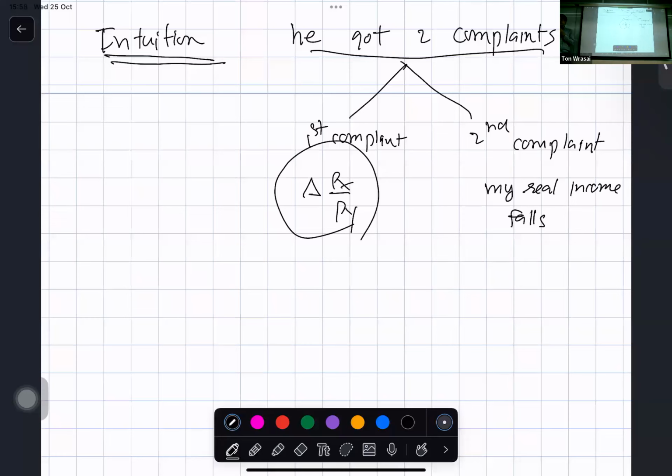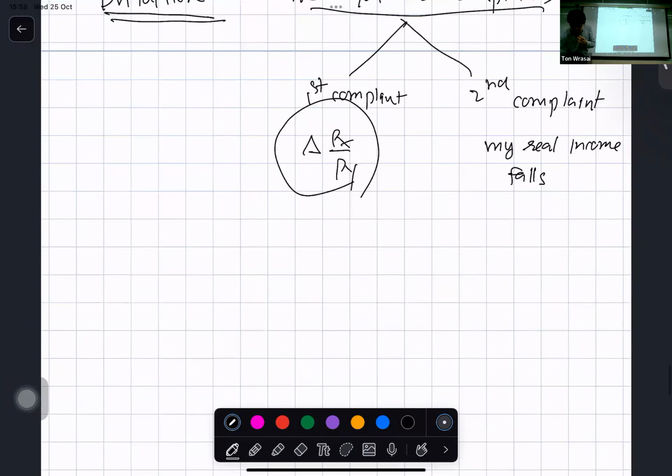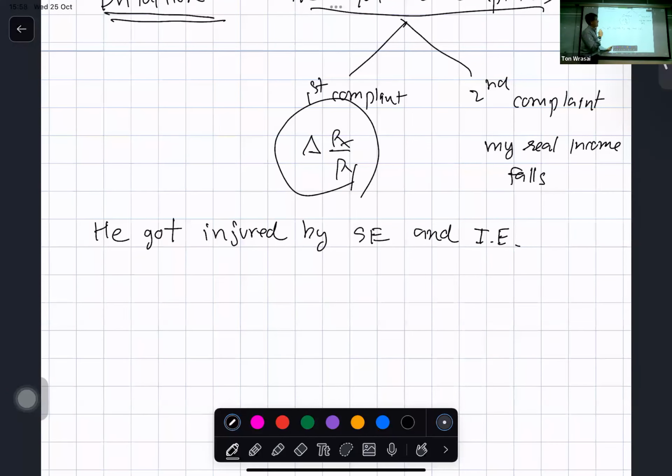In other words, he said, my purchasing power fell. In a dramatic sense, he said he got injured by substitution effect and income effect. Please help. Okay, we understood.